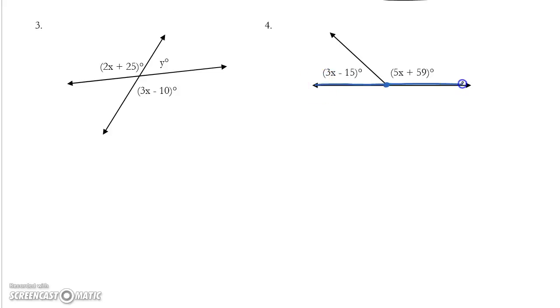My 2 angles are still forming this line, which makes my 2 angles a linear pair. I set it up as 3x minus 15 plus 5x plus 59 equals 180. You should go ahead, do all the algebra that's left with that to solve for x. I'll put the answer at the end.